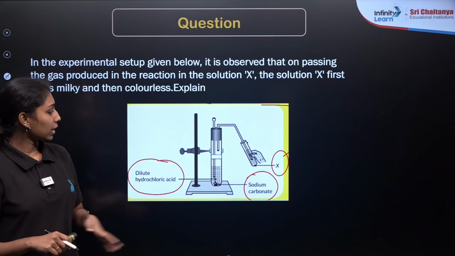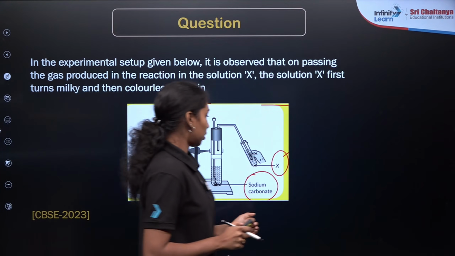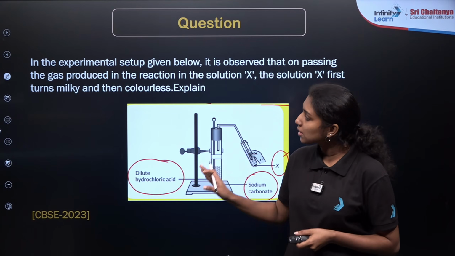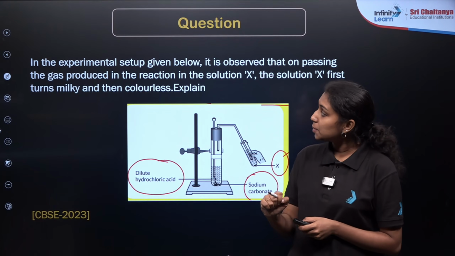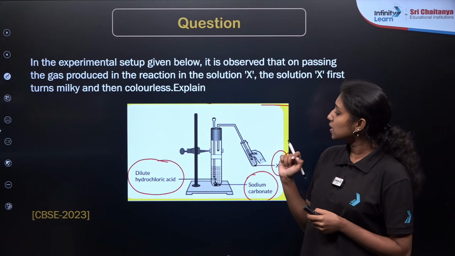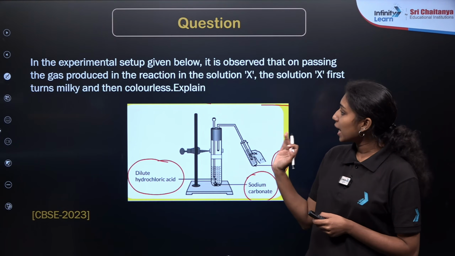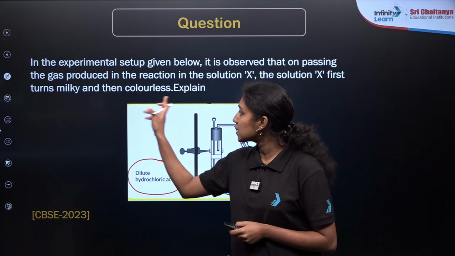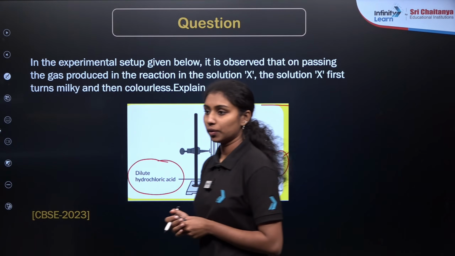Now we are moving to the same question. I hope you can see the image clearly here. In the experimental setup given below, it is observed that on passing the gas produced in the reaction into solution X, the solution X first turns milky and then colorless. Explain the experimental setup.